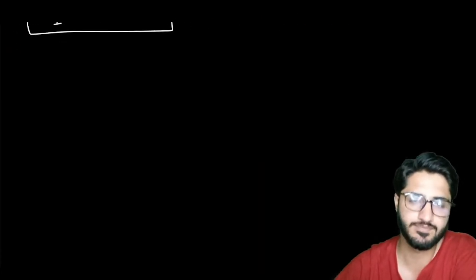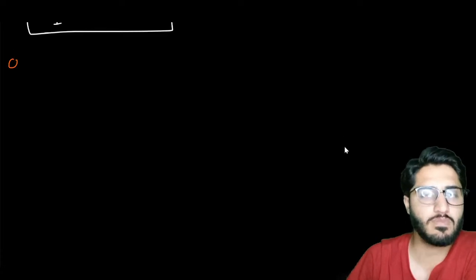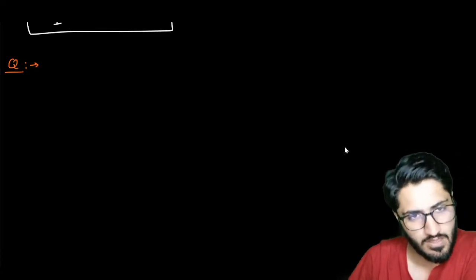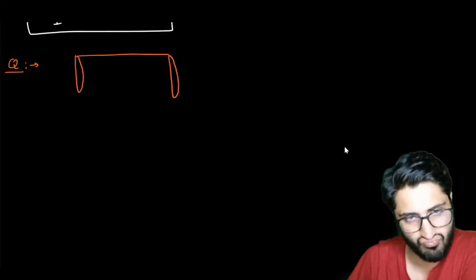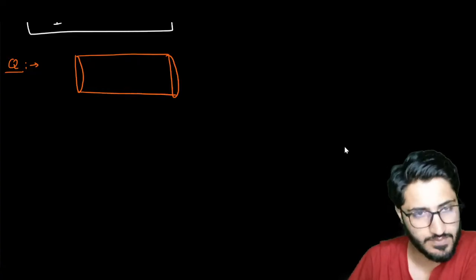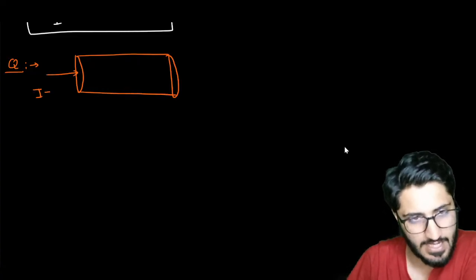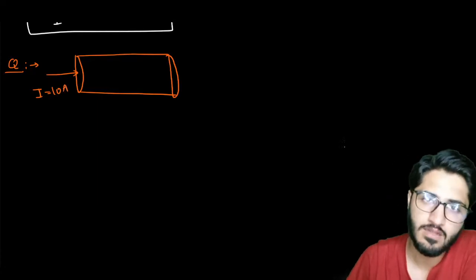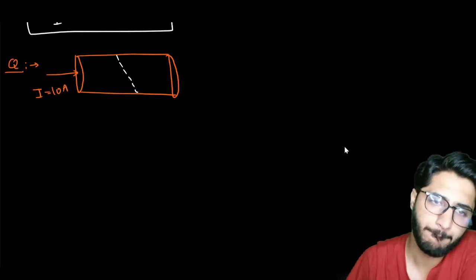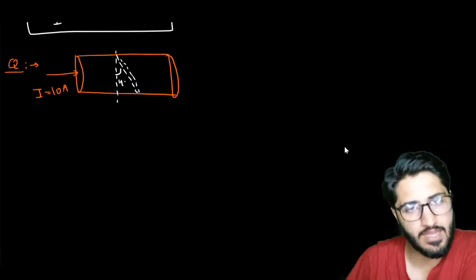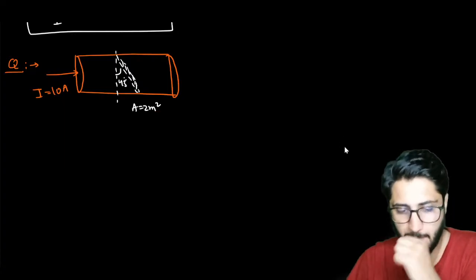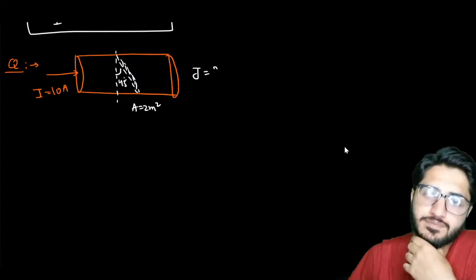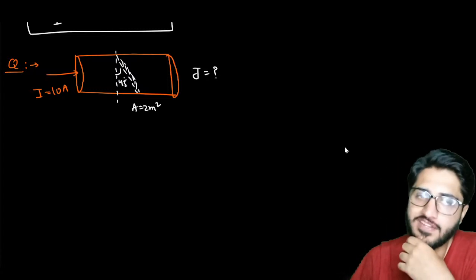Second numerical. We had a conductor like this. Look, this is my conductor, okay? My current is given as 10 ampere, and my area, with angle 45 degree, is 2 meter square. Find J. How to find J?